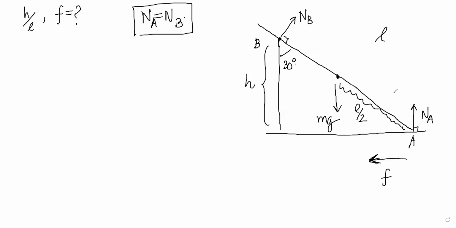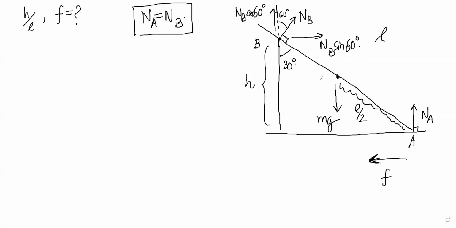What we will do now is, for the equilibrium of the stick, we will balance the forces and we'll also balance the torques. So if this angle is 30 and this angle is 90, this angle must be 60. So you have NB cos 60 upward and NB sin 60 this way. Right? Great.